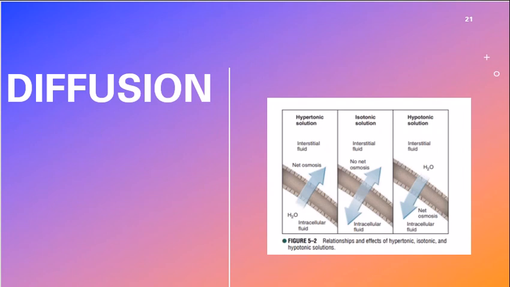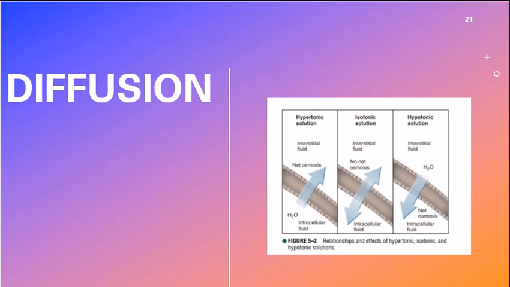Diffusion occurs when concentrations of various substances become higher on one side of the semipermeable membrane as related to the other side. When this difference occurs, a gradient or an imbalance is created. The side of the cell with a higher concentration is said to be hypertonic, hyper meaning high, tonic referring to the number of particles with respect to the other side.